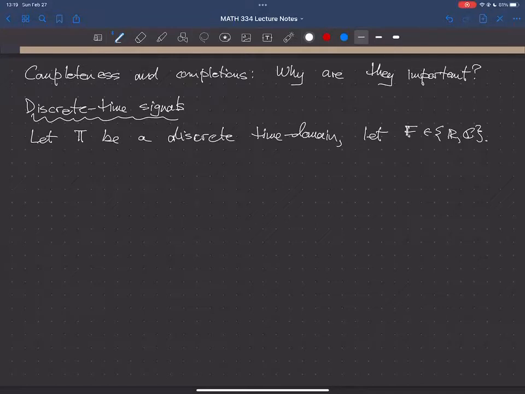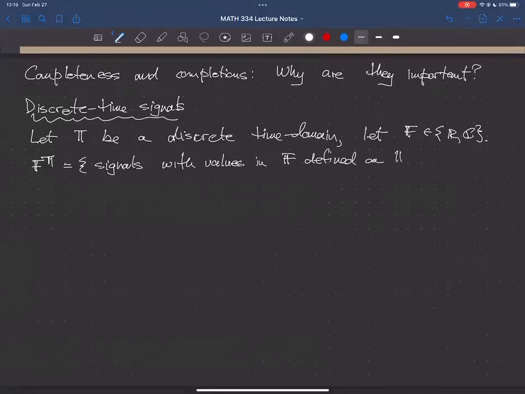First, because you can do it and it has some meaning here, we have F to the T, which by our notation means mappings from T into F. This is by definition all F-valued signals with time domain T. For discrete time signals, this is a meaningful thing.